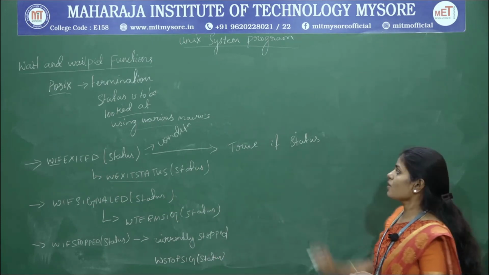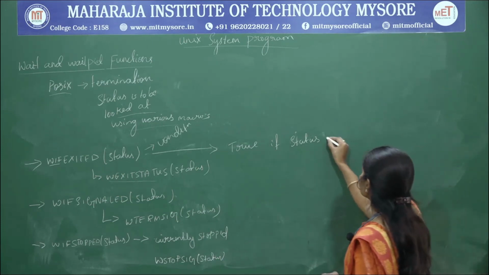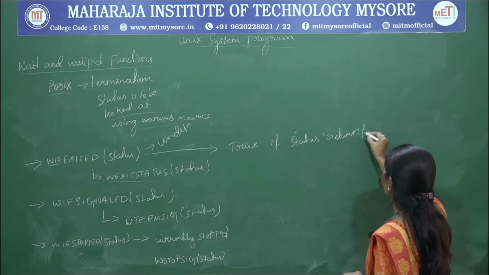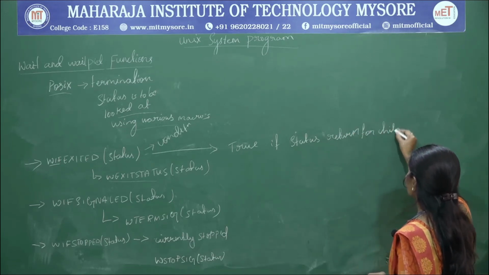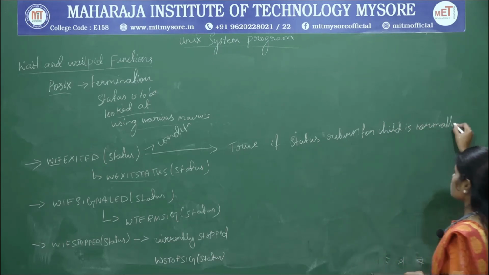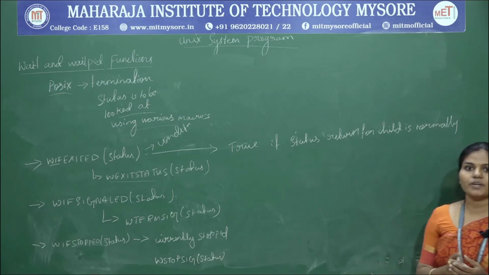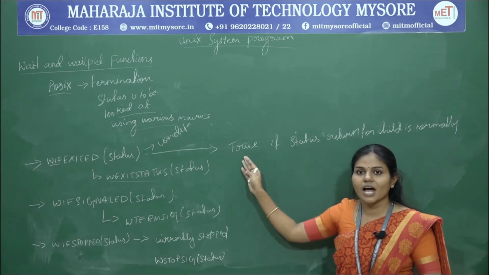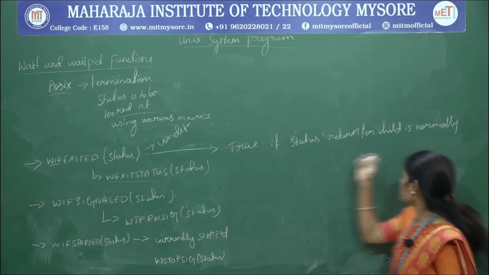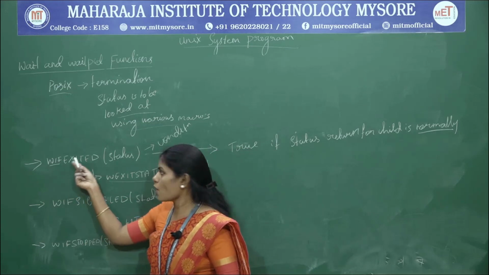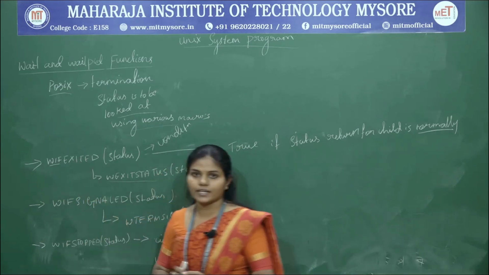It is going to return the value true if the status returned for the child is normal. So if the child terminates normally, it returns true. For the normal case, we make use of WIFEXITED.